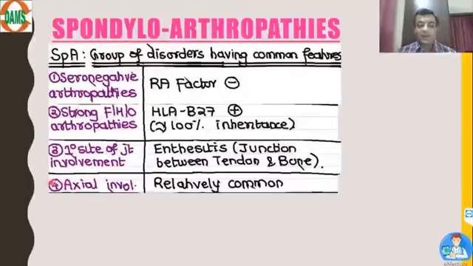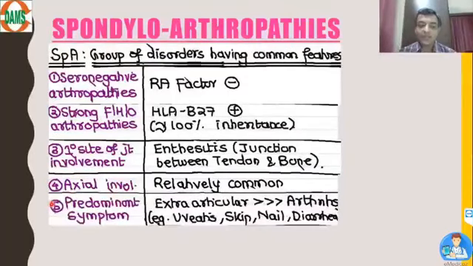Axial involvement, spine involvement is relatively common and the predominant symptom is extra-articular more than the arthritis. Before 100, I have written the sign approximately: almost 100% inheritance.